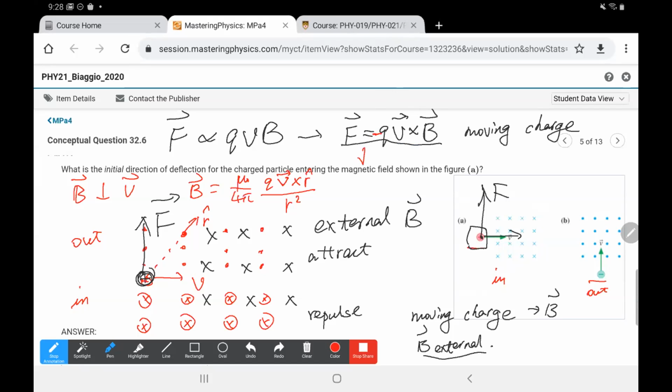So the direction of a negative charge is antiparallel to the direction of positive charge.